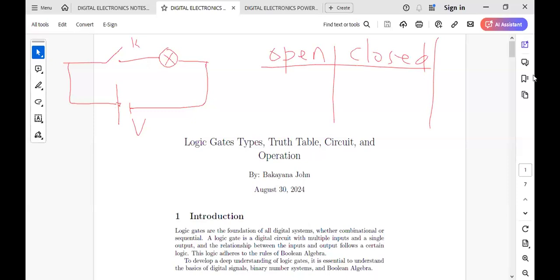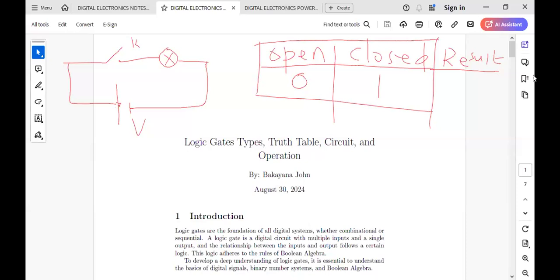Then this side we shall have the result. For those who were here last time, we went through this. I'm going through briefly. So when the switch is open, we give it a 0. When it is closed, we give it a 1 because we are working in binary digits, not so? Yes. So what shall we obtain when the switch is open?